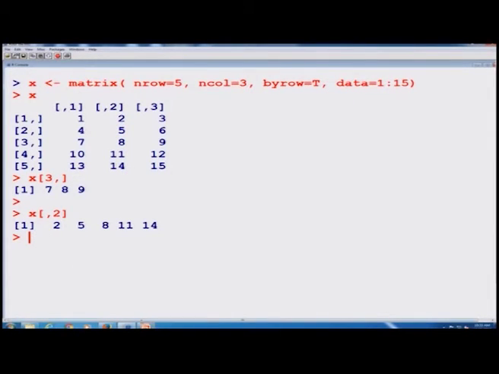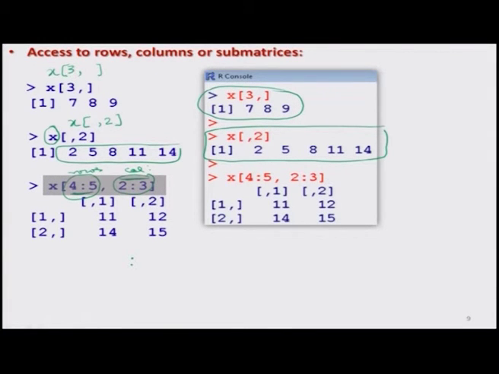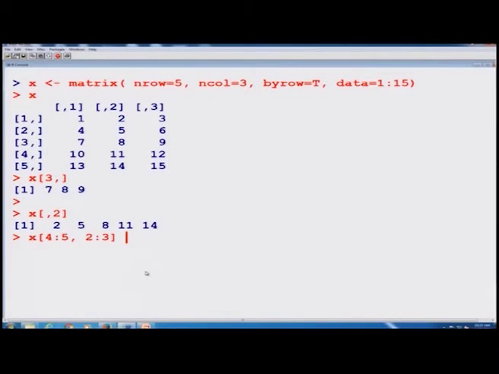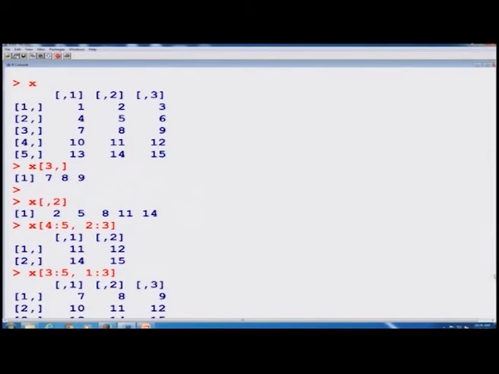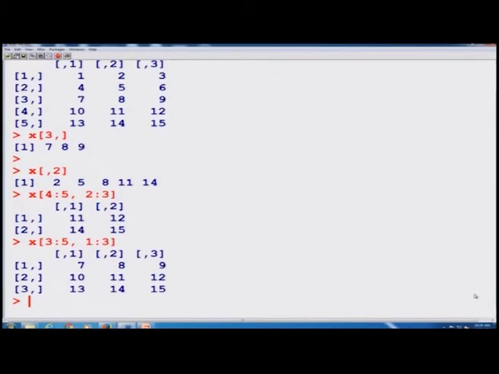And similarly, if I want to have a particular subsection, I can write it like this, and you can see that 11, 12, 14, 15, this is a subsection. Right. Similarly, if you want something more, for example, if I want 3 to 5 and 1 to 3 and so on, this type of submatrix can also be obtained over here, and you can see this is a particular submatrix of the given matrix.